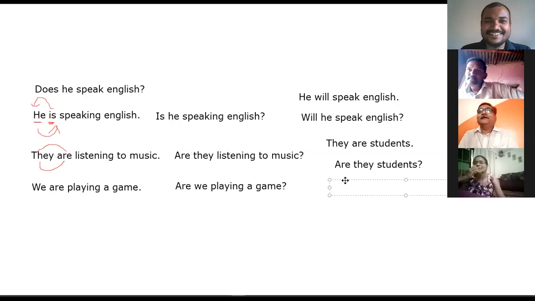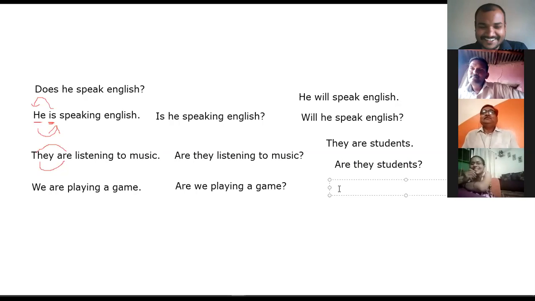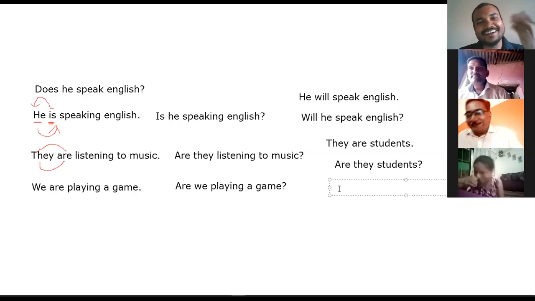Right. Are falling is the right word, falling. Yeah, present continuous tense. The process is going on. If the process is going on, it is falling down. If it already fell, the action is completed, then fell.